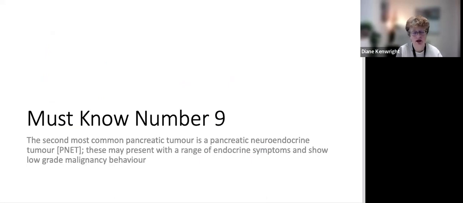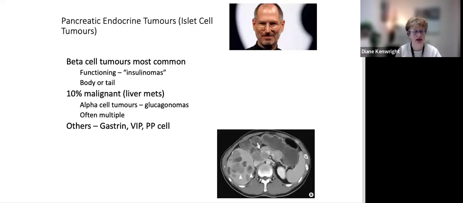They show low-grade malignant behavior, so they're not like ductal carcinoma of the pancreas where it gallops off. They tend to remain confined to the pancreas for a long time. Here's Steve Jobs. He famously got a pancreatic endocrine tumor and died of it, but he had it for 10 years or more before he did that.